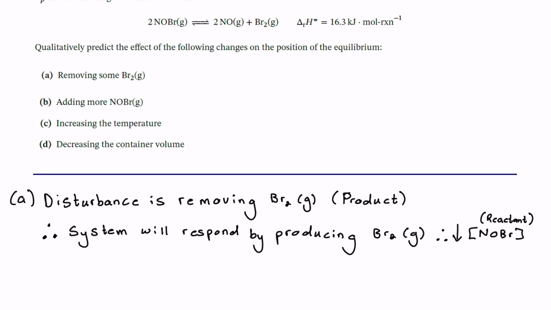If it's reducing the reactant, it means it needs to favor the forward reaction. And it needs to favor the forward reaction to do what? To re-establish equilibrium.